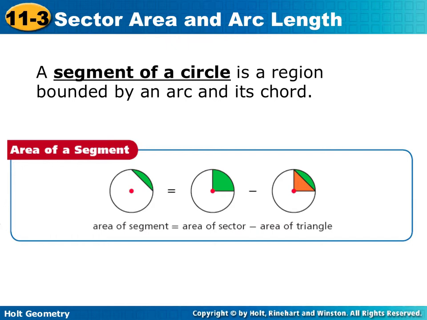So let's do one where we've got a right triangle in there to start with. I think that's my first example. The area of the sector minus the area of the triangle.